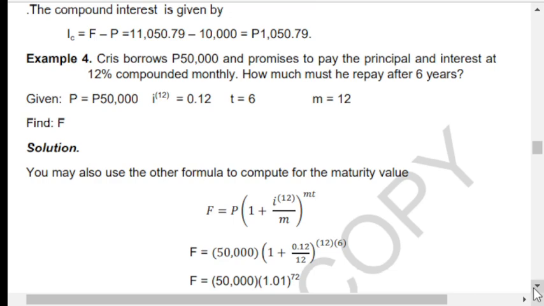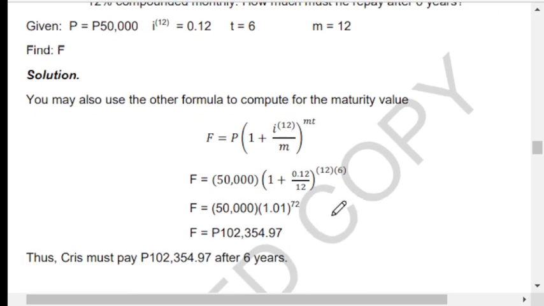So using the formula, pwede ra na addition og replace the P with 50,000 times 1 plus I to the power of 12, which is 0.12 divided by 12 to the power of 12 times 6. Okay, so we have 0.12 divided by 12 equals 0.01.